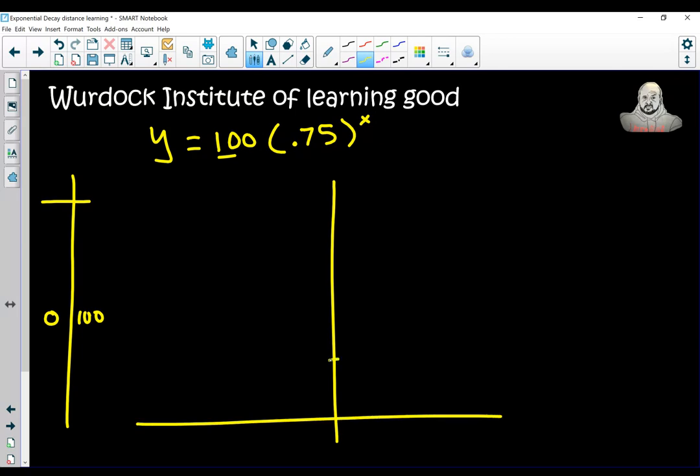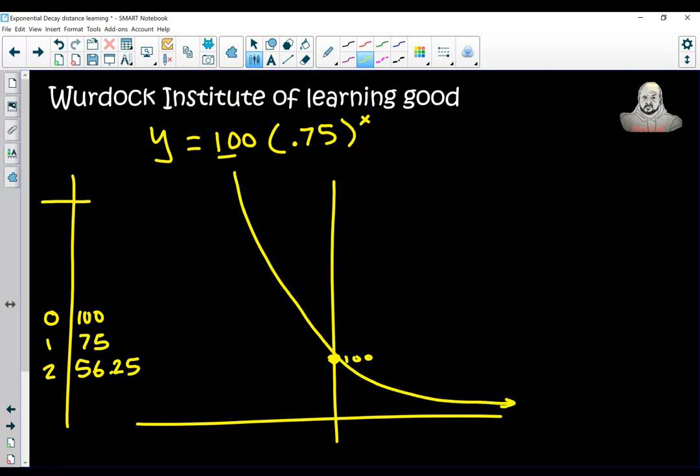And just randomly, I'll place that here. Doesn't really matter where you put it. The next value, you're going to multiply by 0.75, so that's lower. And if you continue to multiply by 0.75, you get values that are lower and lower and lower. The domain is all real numbers. The range is everything above 0.